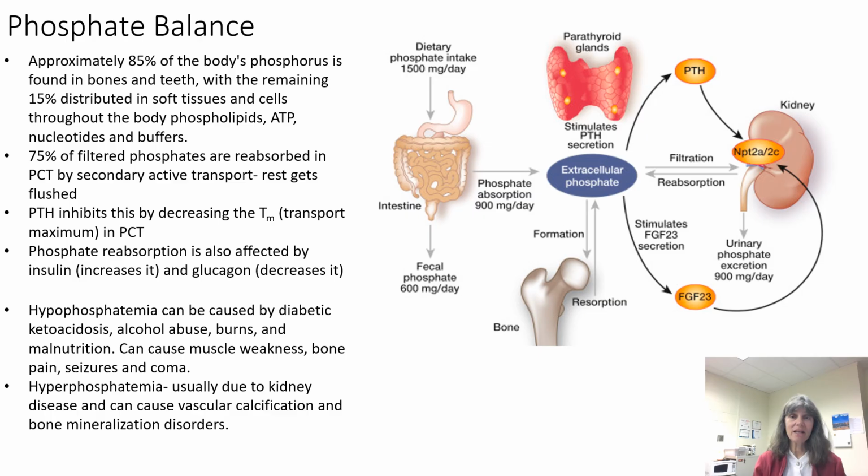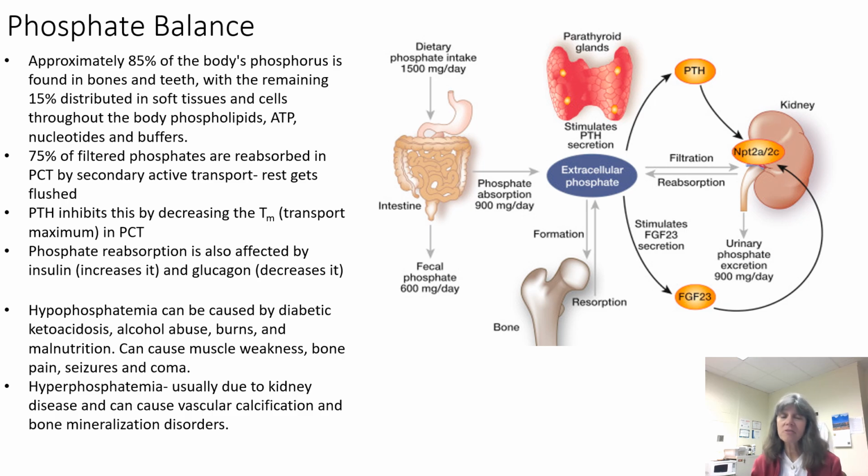And when blood gets filtered through the kidneys and we've got that filtrate, that's potential urine, 75% of the phosphates that get filtered are going to be reabsorbed by the proximal convoluted tubule by way of secondary active transport, and the remaining 25% would normally be flushed in urine.